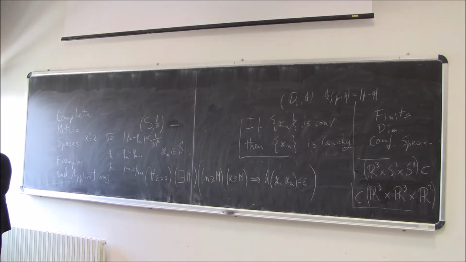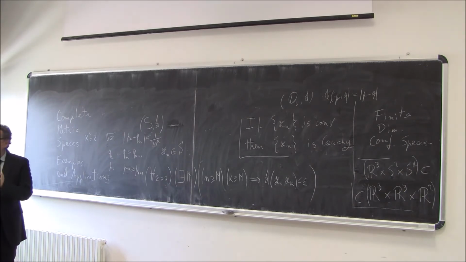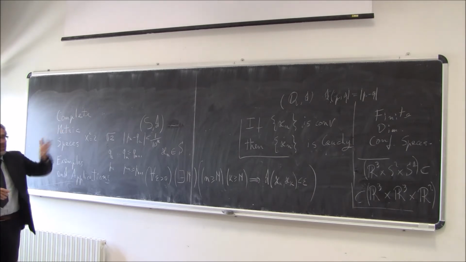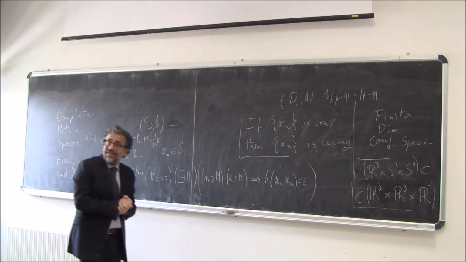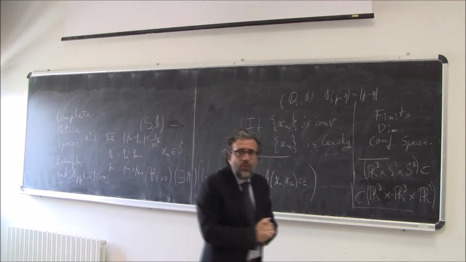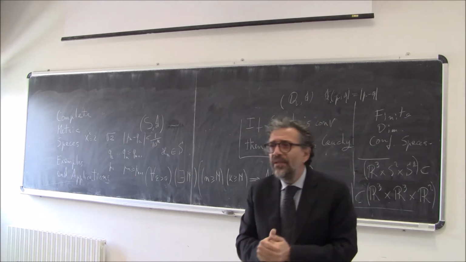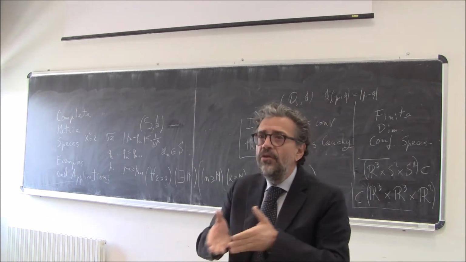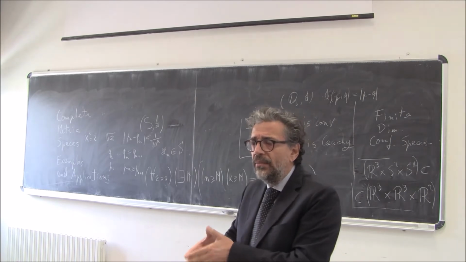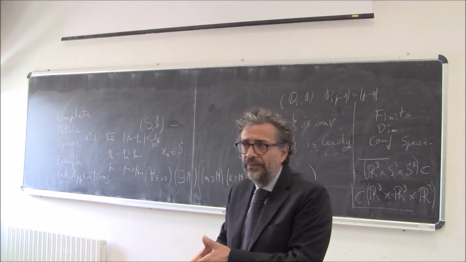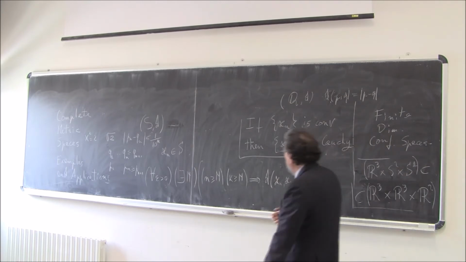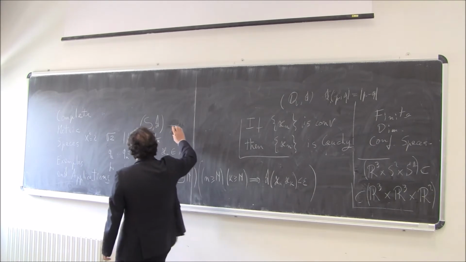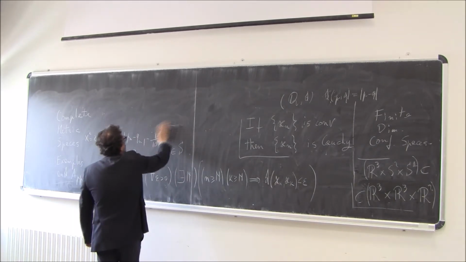And we know that there are spaces which are not complete. Q with the standard metric is not complete. So in a sense, the Pythagoreans were proving the fundamental result that Q is not a complete metric space. Okay, so this is for resuming what we already said another time.